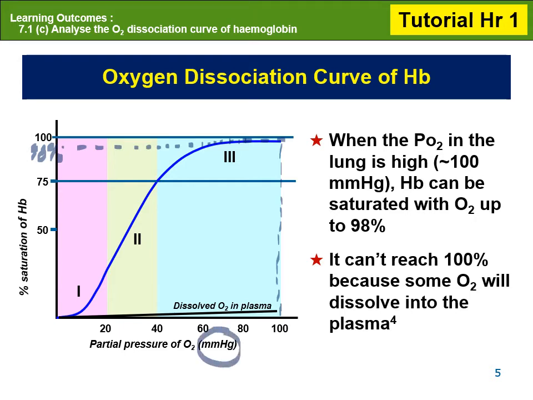So hemoglobin become almost fully saturated with oxygen, up to 98% sahaja. Dia tak boleh capai 100%. Kenapa? Because ada some oxygen tu dia akan dissolve terus into the plasma.